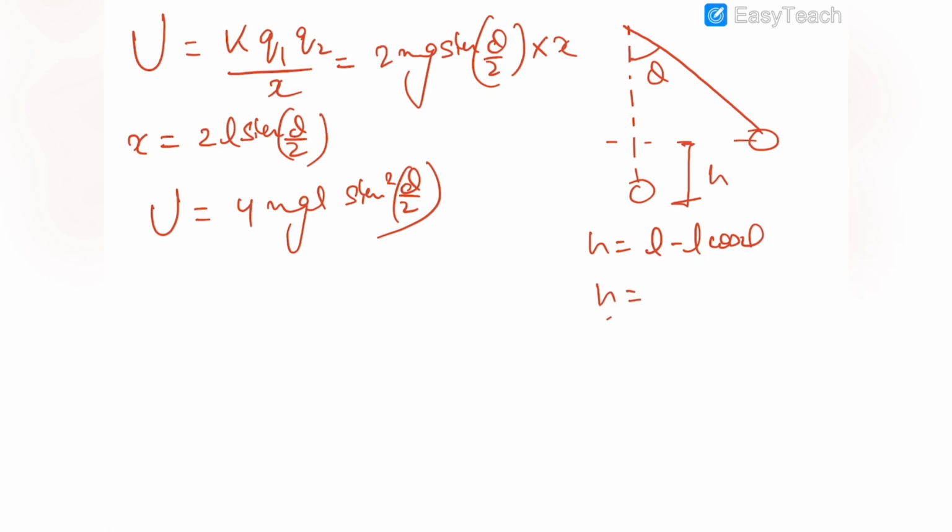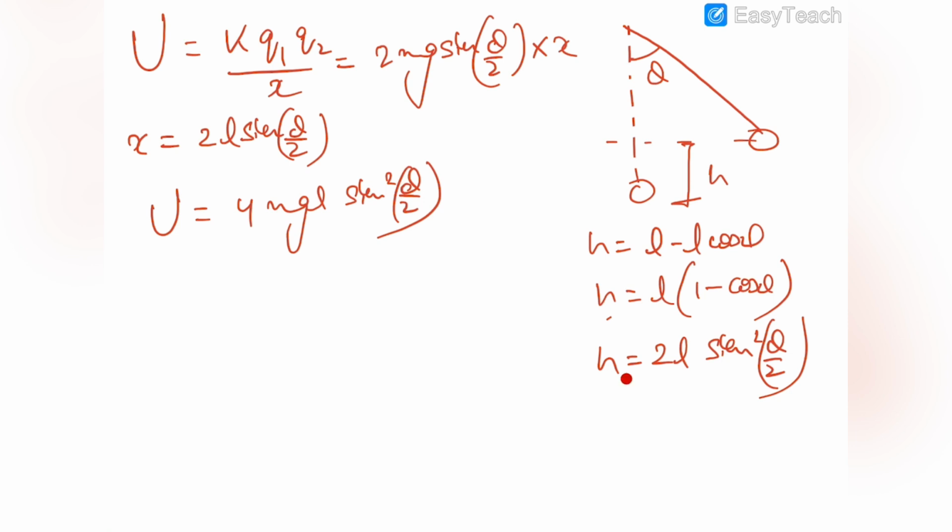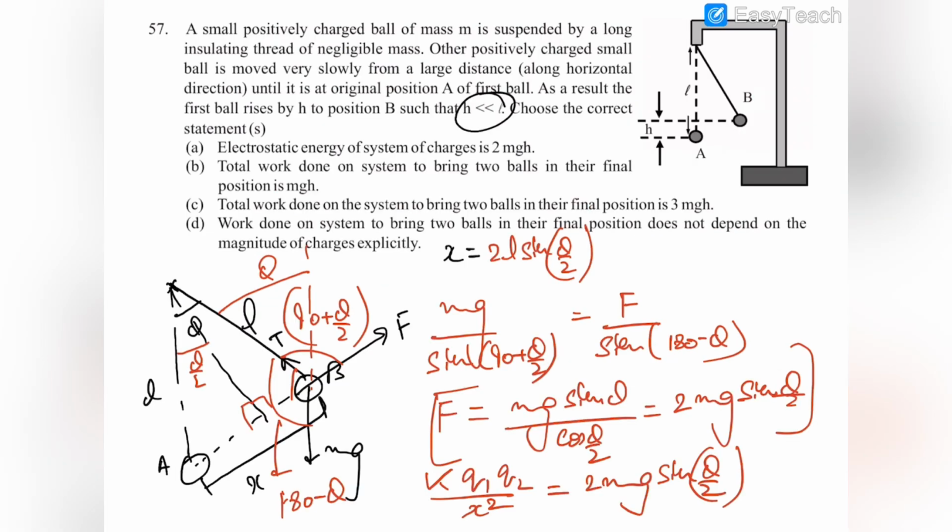So h is equal to L into 1 minus cos theta, and therefore h is equal to 2L sine square theta by 2. So I am substituting the value of 2L sine square theta by 2 as h. So the interaction energy will be 2 mgh. So the option number 1, which says that the electrostatic energy of this system is 2 mgh, is correct.